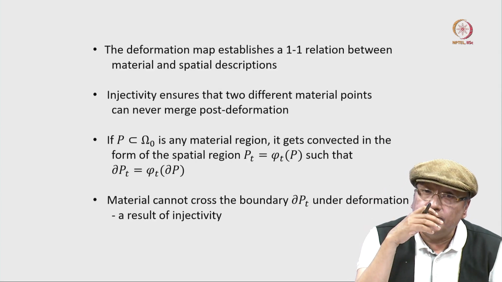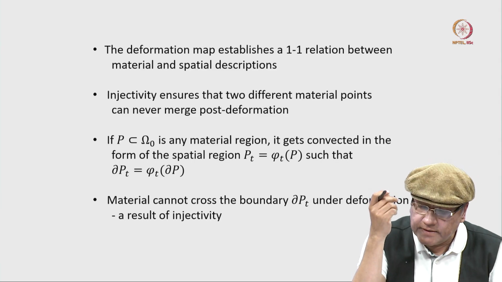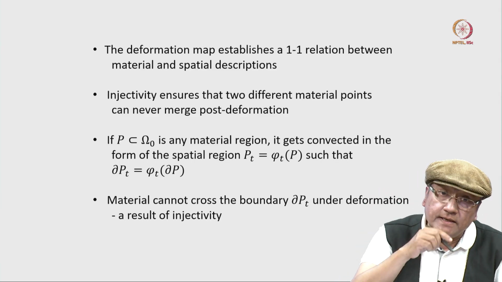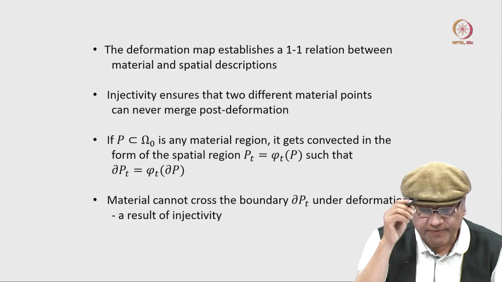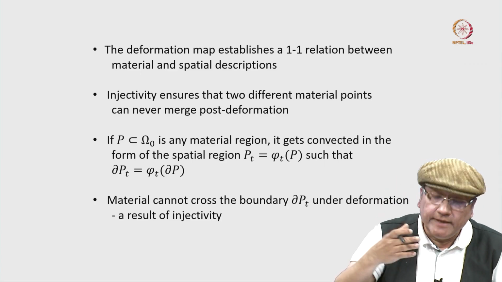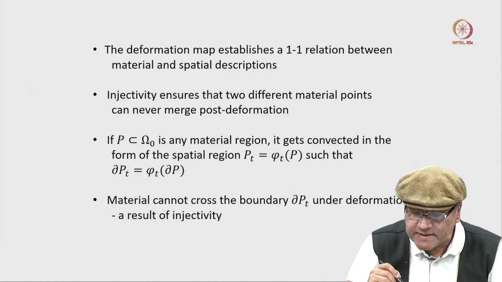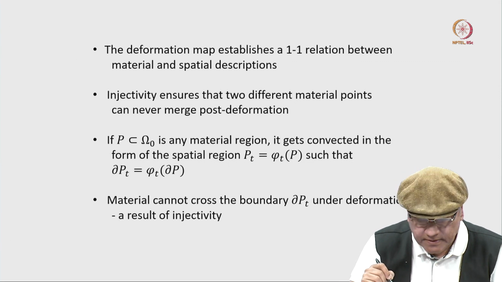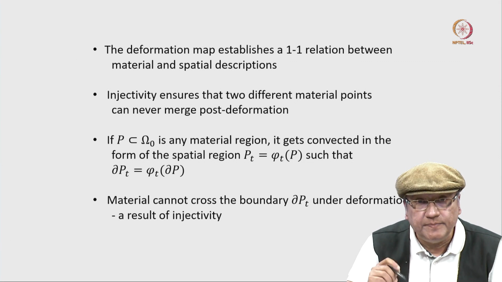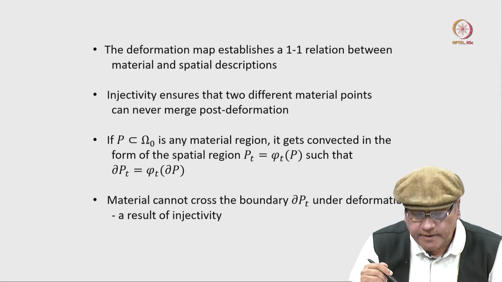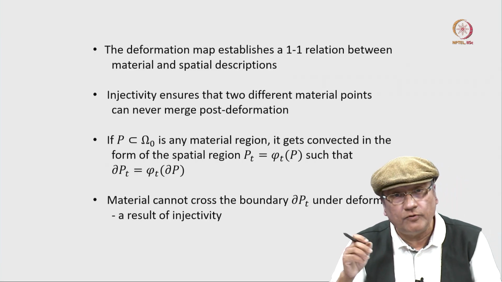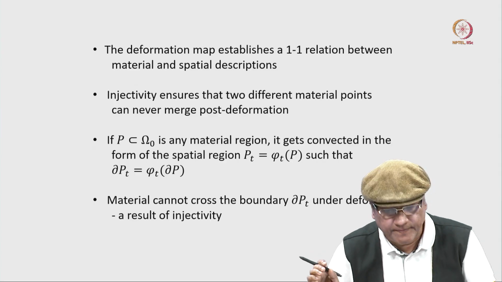Now, you can think of the deformation phi such that it convects this subset P to get a new subset PT in the deformed configuration. How do you get this new subset? You apply the map phi t on the subset P, and get PT. For every t you will be getting a new subset in the deformed or the spatial configuration.